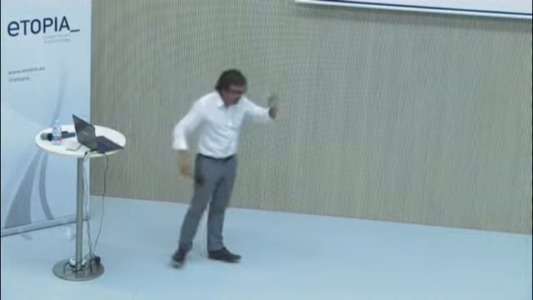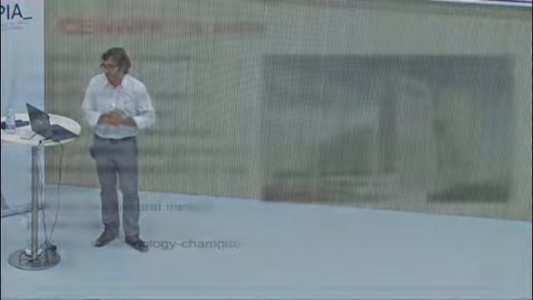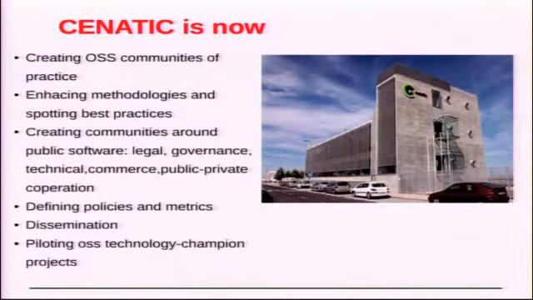Well, as I said, Fanatic started as a dissemination organization, but today what we are doing is helping public administrations create open source communities, as maybe some of you know. We discover certain methodologies and spot best practices thanks to our observatory.